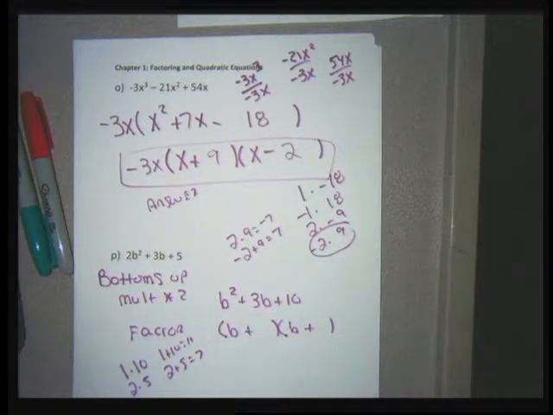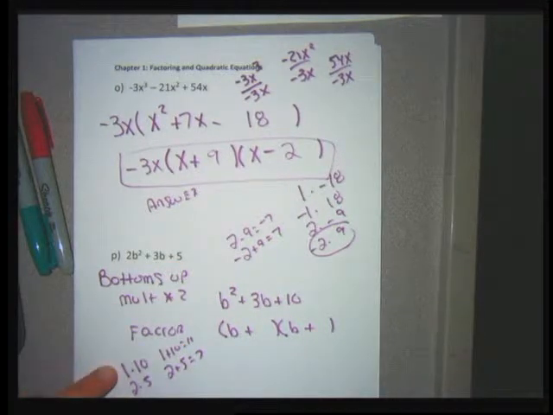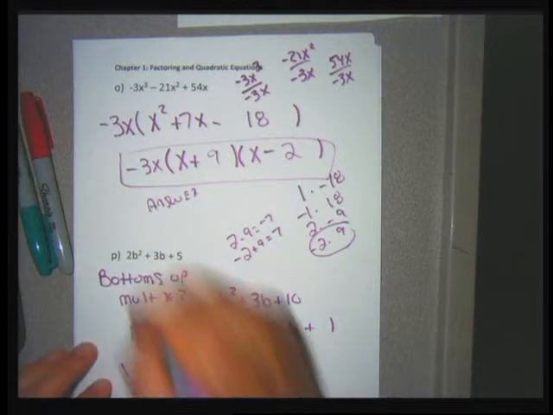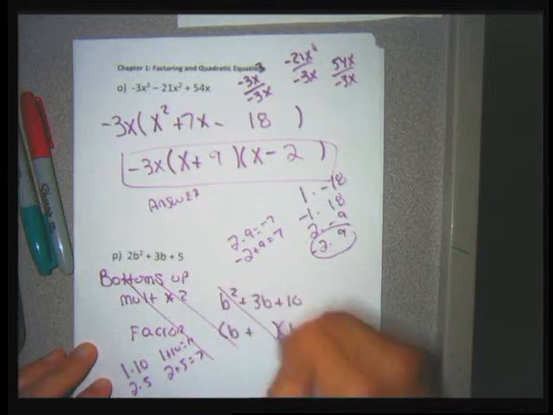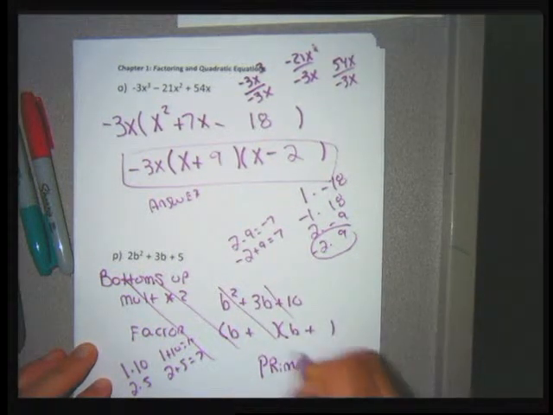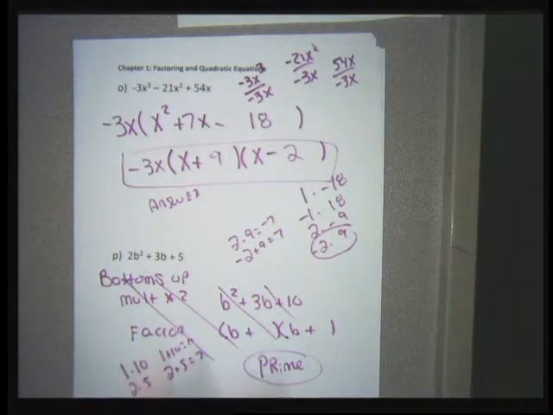There's a plus and minus factor of 10 that gives me 3, but I'm not allowed to use minuses in this problem because I can't find the lasts for the factoring stage. This whole thing becomes prime, and all this was in some sense a waste of time, but I probably couldn't have figured out that this thing didn't factor unless I did the work. But something only factors when you can find the signs with the required signs that multiply to the last and give you that middle term.